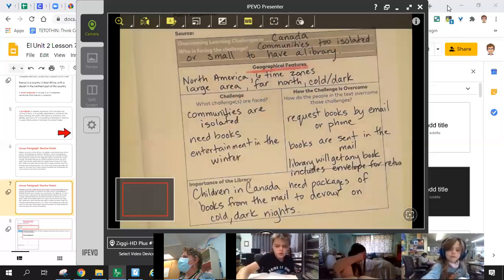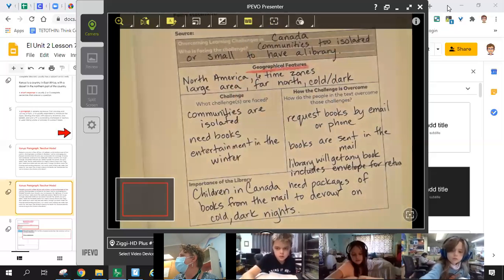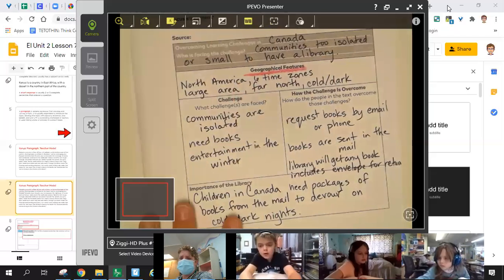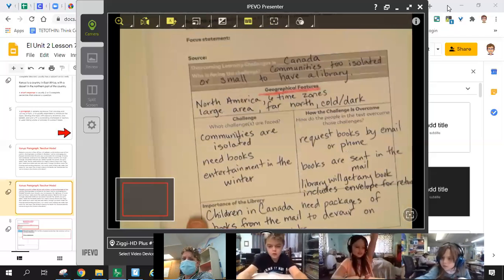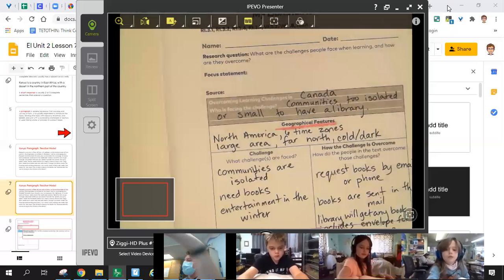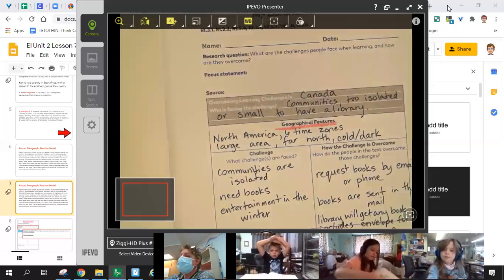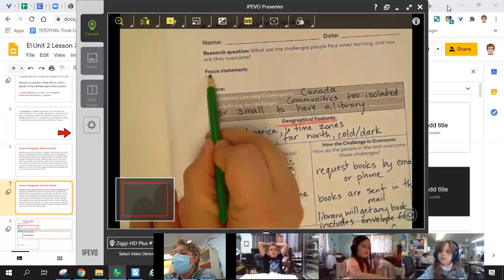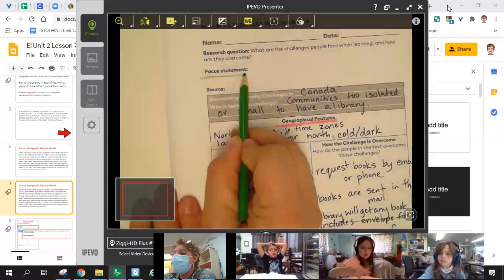Okay, what color did we do next? We did green. But where on here did we put green? Focus statement, right? Because after we tell our reader a little bit of information about what we're going to be talking about, then we need to give them a focus statement. We need to tell them what this paragraph is about.